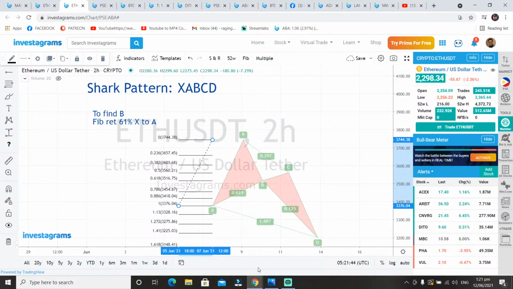Once you have that, we can adjust this now. I think it's perfect, no? 61.9%.